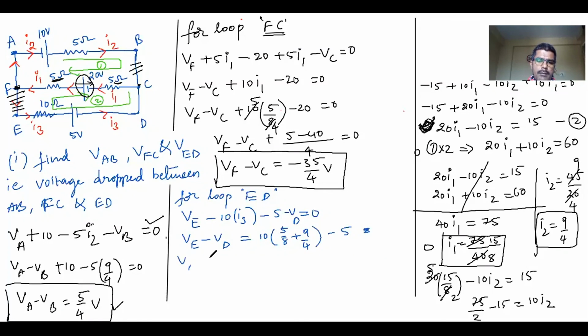So VE minus VD is equal to 10 into, you can take the LCM here, 5 plus 2 9s 18 divided by 8, minus 5. 2 5s 10, 2 4s 8, and 5 you can take common. 18 plus 5 is 23, so minus 23 divided by 4 minus 1. Solve this, you will be getting VE minus VD.